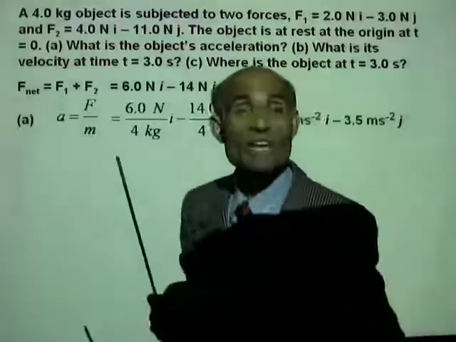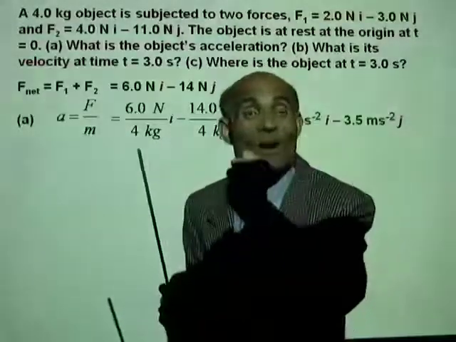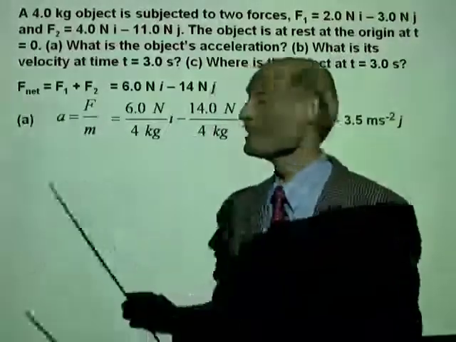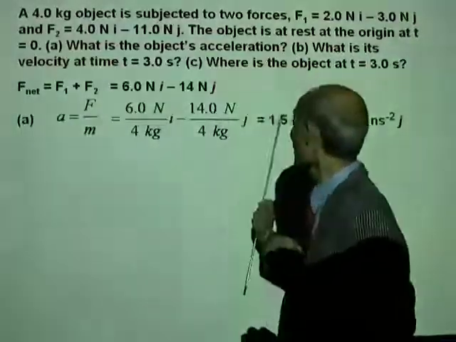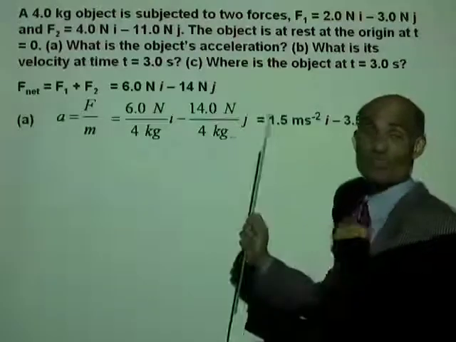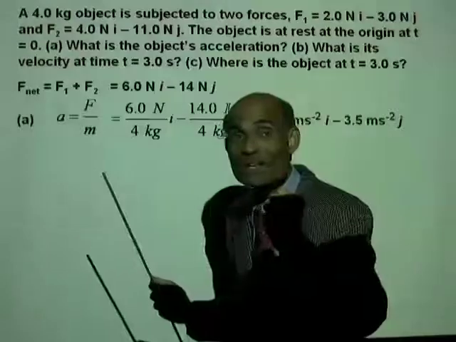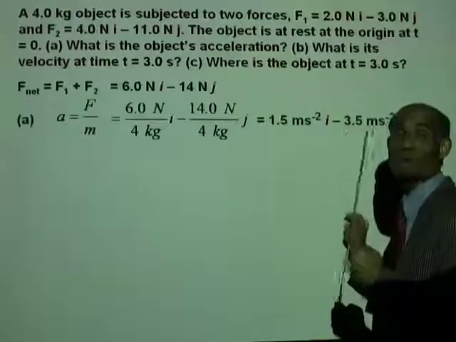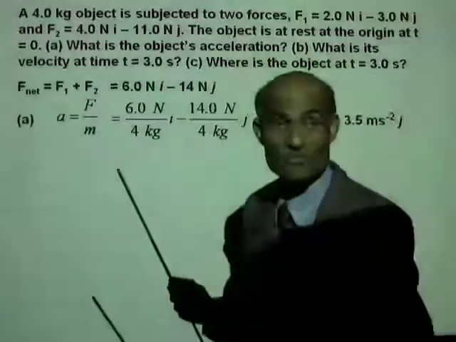you need to calculate the x component of the velocity and the y component of the velocity. The x component of the velocity is produced by the x component of the acceleration, and the y component of the velocity is produced by the y component of the acceleration.